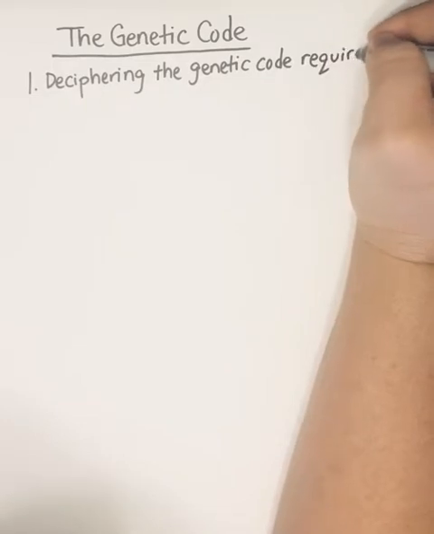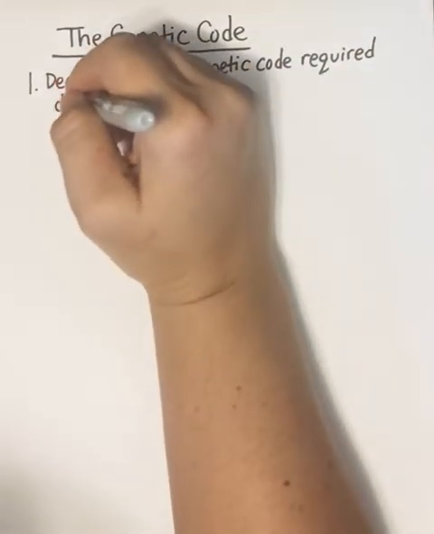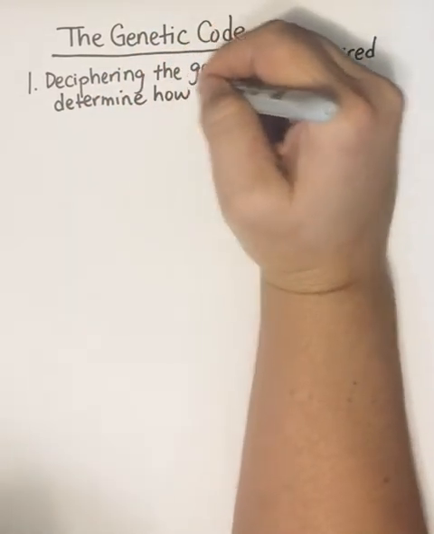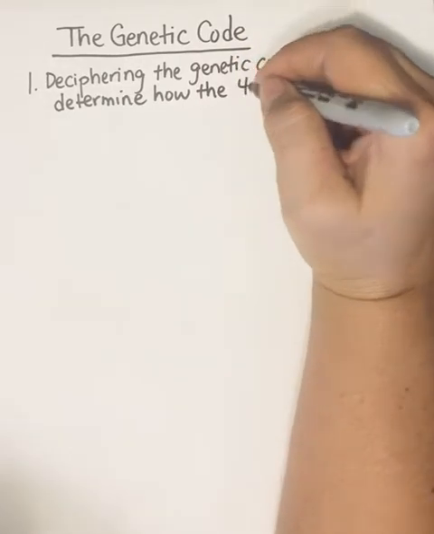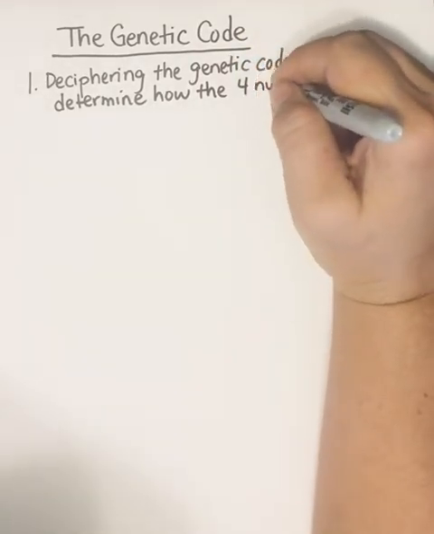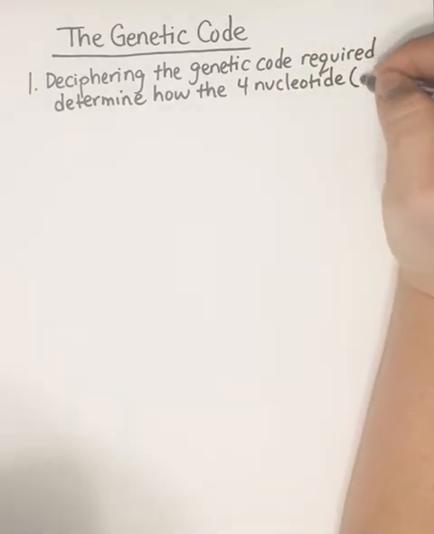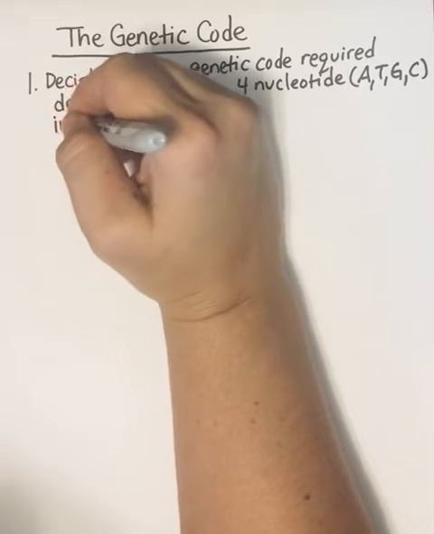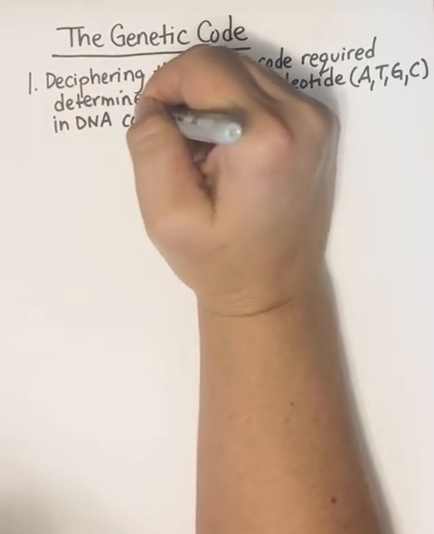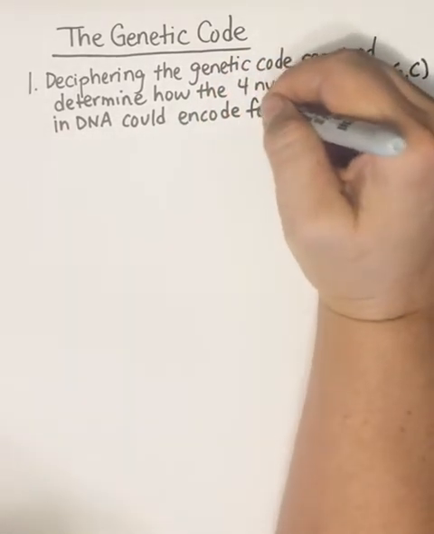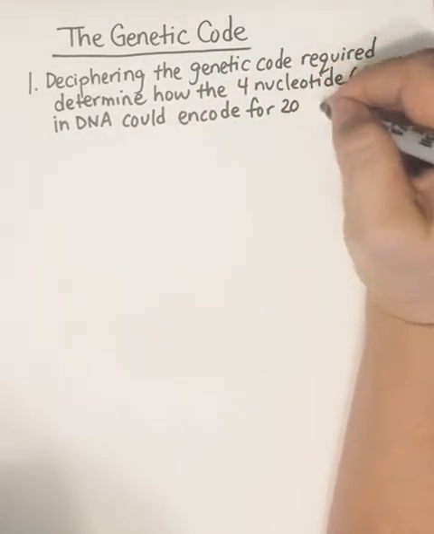So the first thing that we had to do is we had to determine how the 4 nucleotides, which are going to be A, T, G, and C in DNA, could encode for 20 different amino acids.